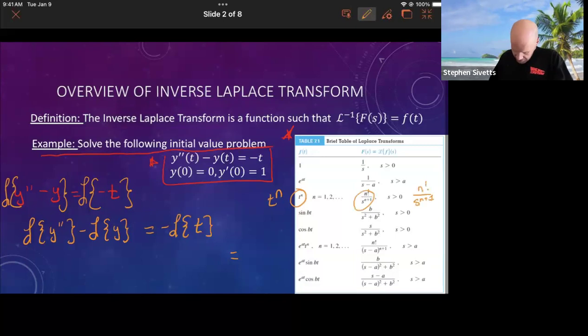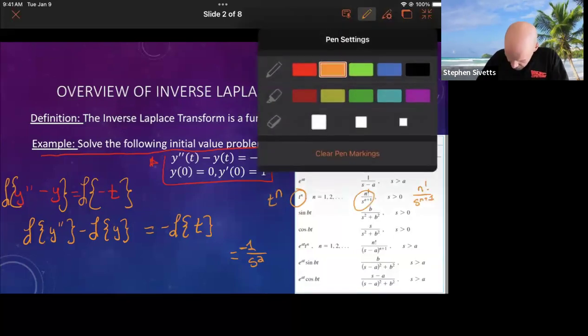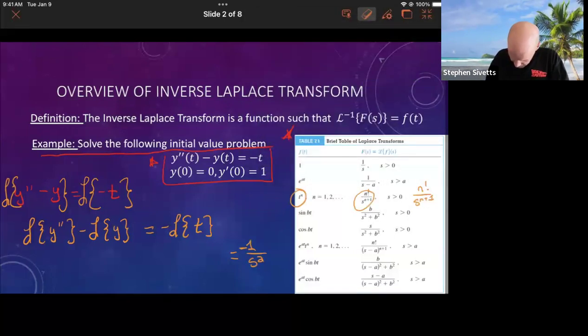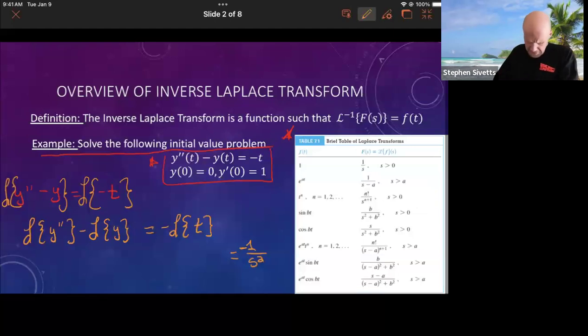So the exponent on t is 1. So in this case, it would be 1 over s squared. And it's multiplied by negative 1. So the right-hand side will be negative 1 over s squared. Okay? So that was the sort of easy part, I guess.